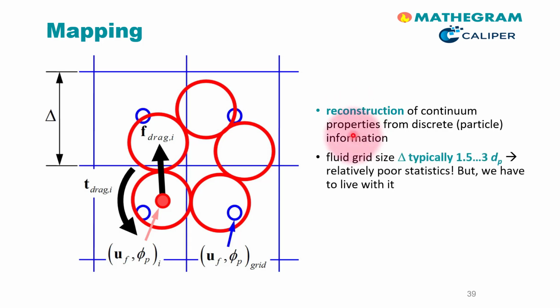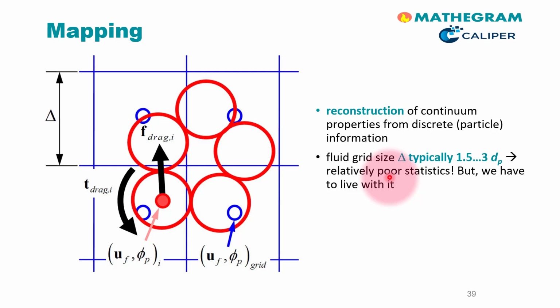However, our limitation here is that the fluid grid size delta is typically only 1.5 to 3 particle diameters in size. This means that we have relatively poor statistics because in the worst case we have only a single particle in each fluid cell.